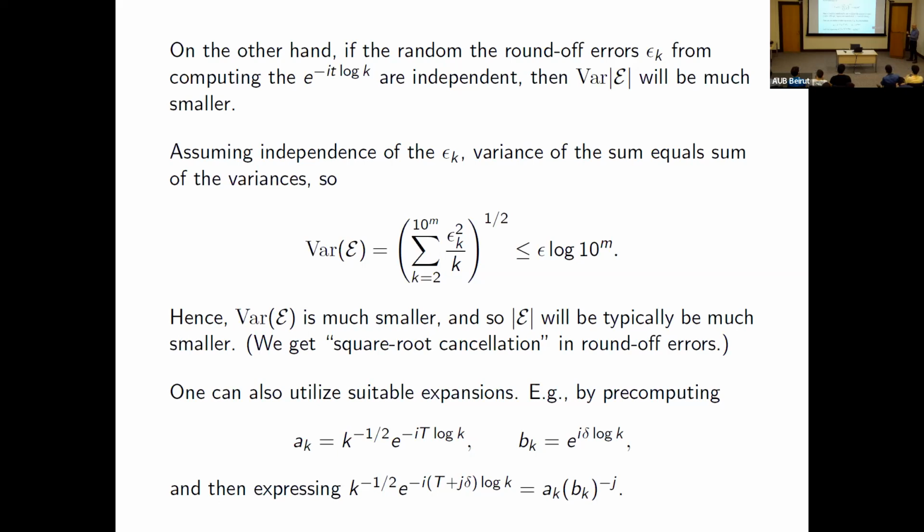So typically, if you calculate the variance under this assumption, instead of epsilon times 10 to the m over 2, you get epsilon times log of 10 to the m, a much smaller quantity. And so the round-off error you'd get would typically be much smaller. Basically you're saying you expect square root cancellation in the round-off errors.